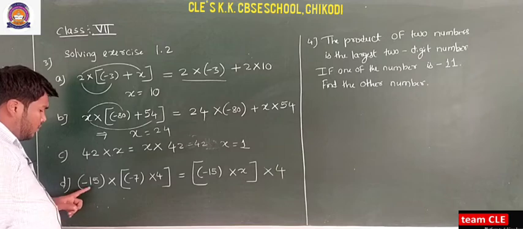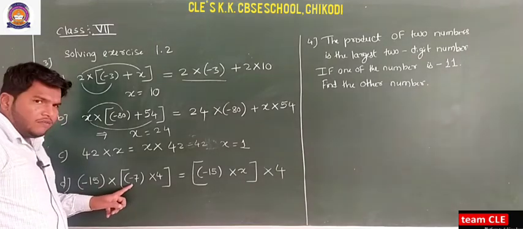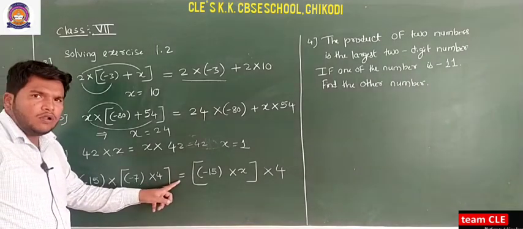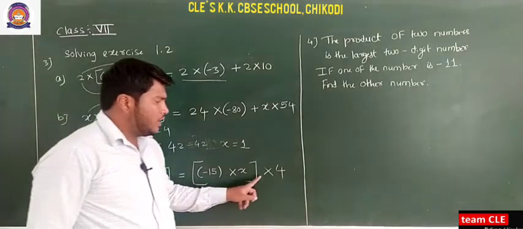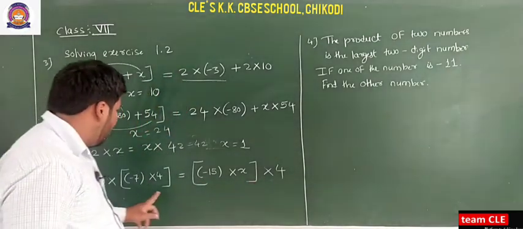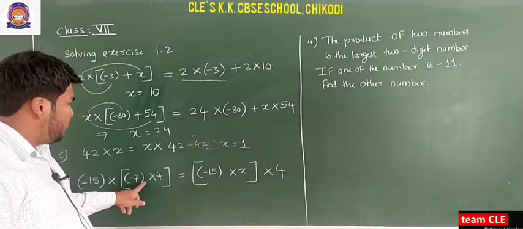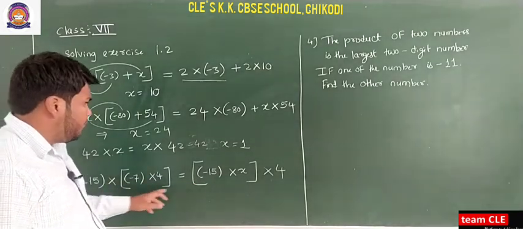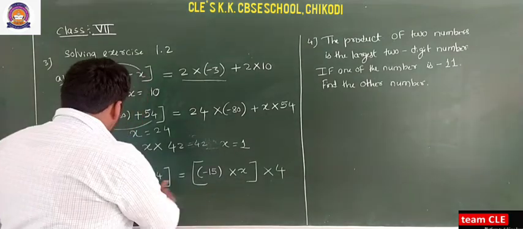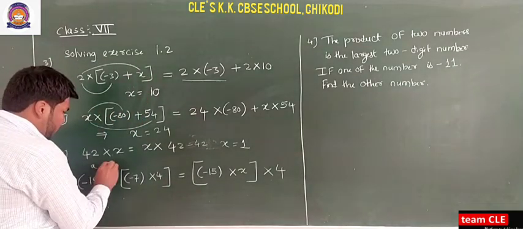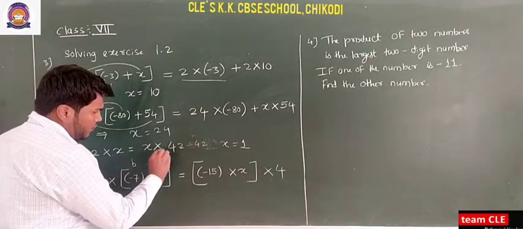Similarly, minus 15 into (minus 7 plus 4) equals minus 15 into x plus minus 15 into 4. See here, consider a equals minus 15, b equals minus 7, c equals 4.